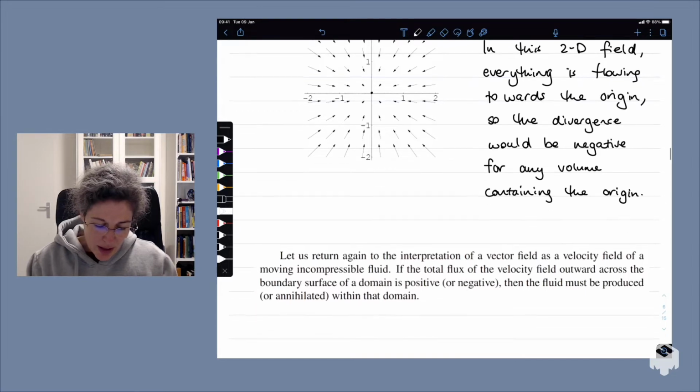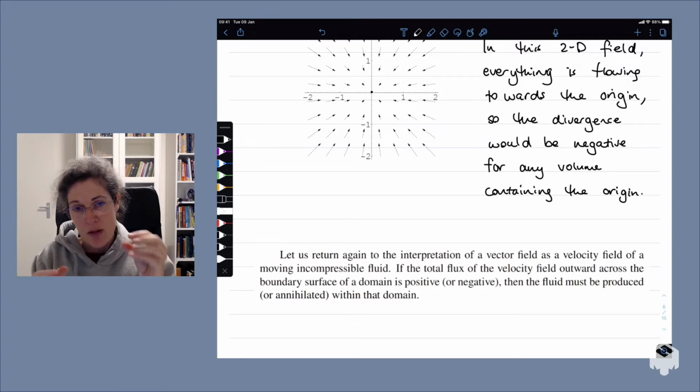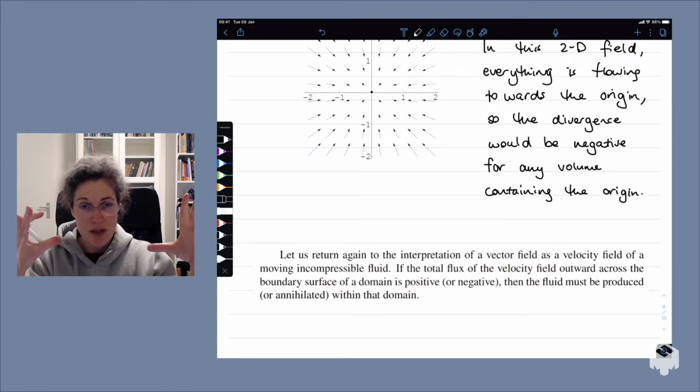So if we're thinking of our vector field as the velocity field of some fluid, then if we look at a particular region and we see that our divergence is positive, it must mean that the fluid is being produced there, because there's a net amount of stuff leaving.